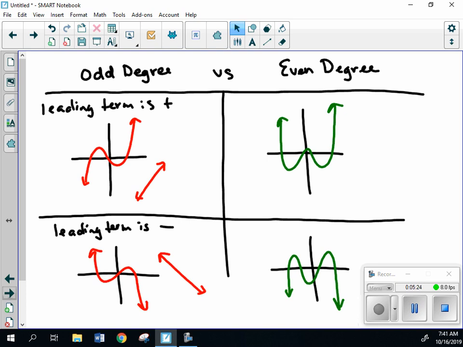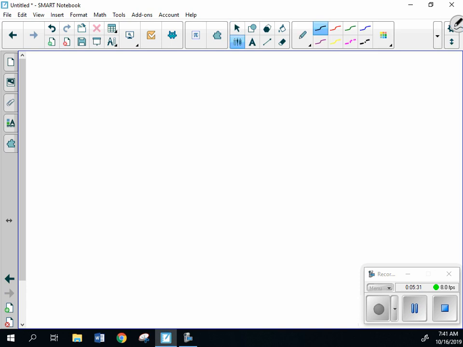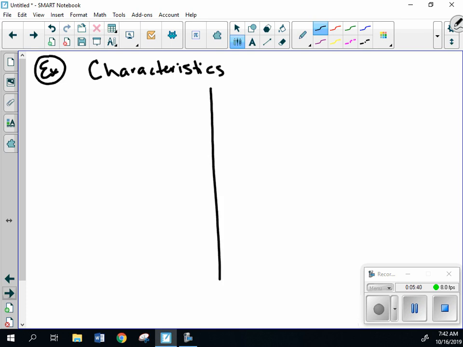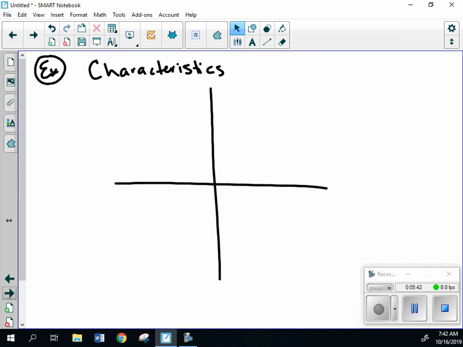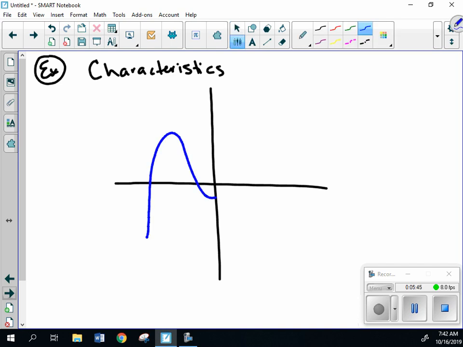The next thing is talking about different characteristics based off of these graphs. Okay, so let's say I have a graph or a polynomial that looks like this function right here. There's several different things that we notice in this, and this is kind of review a little bit.